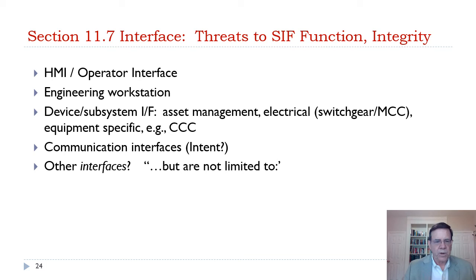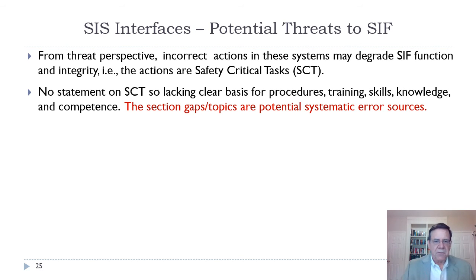Here are the types of things that are mentioned in this section, and I suppose you're aware that Part 1 allows more, and Part 2 is more constrained, so they seem to conflict. From the way I viewed it from a threat perspective, since this section covers the operator interface, but also talks about the boxes that hook into the SIF and the SIS, I view it as how do these boxes threaten the SIF function or SIF integrity.